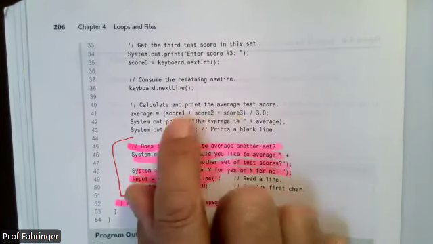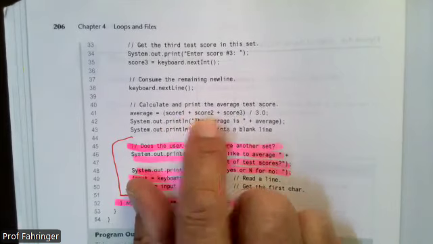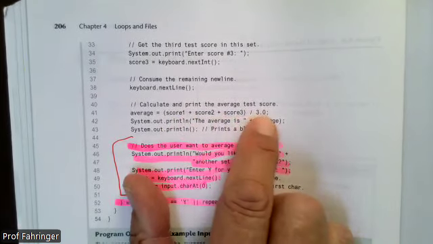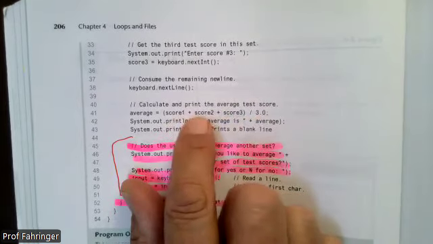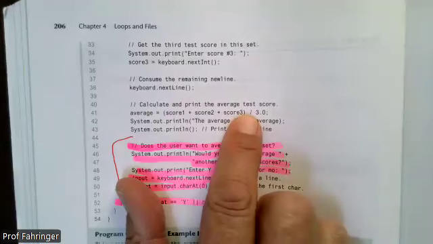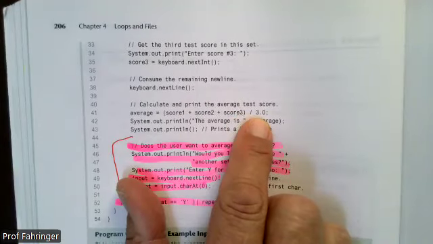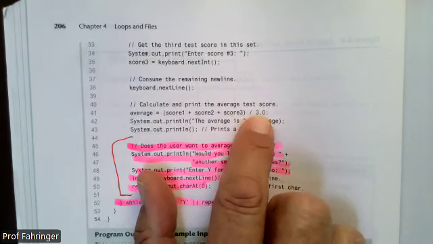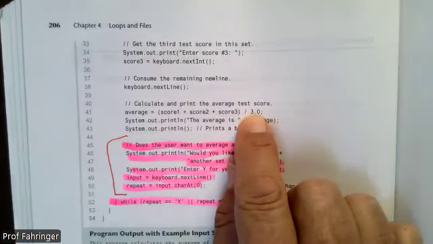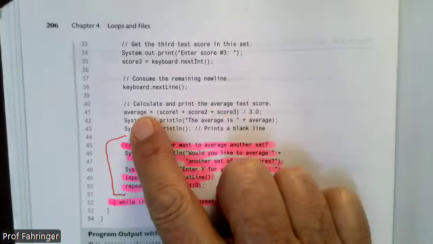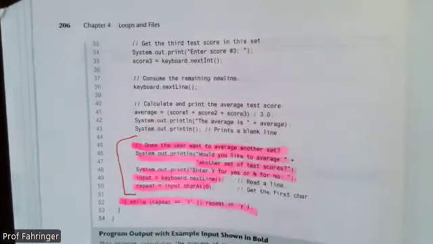If your scores are 0, 0, and 1, what's your average? If you were dividing by 3, you would get an average of 0, not 0.33, which is what you want. So we have to remember about that integer, real, or double. And of course, average had to be that way as well.